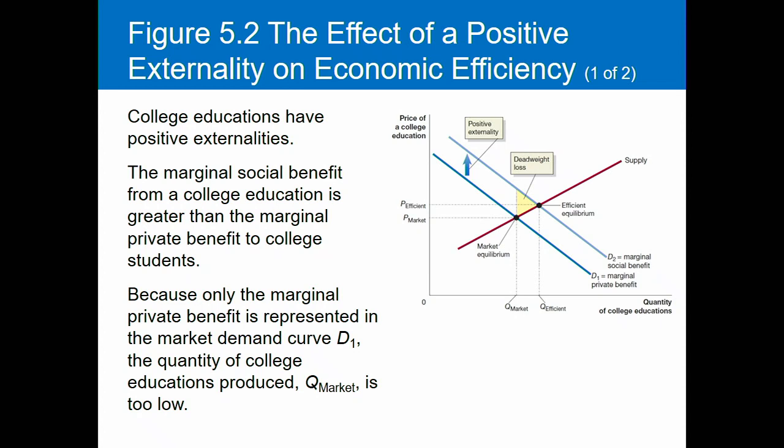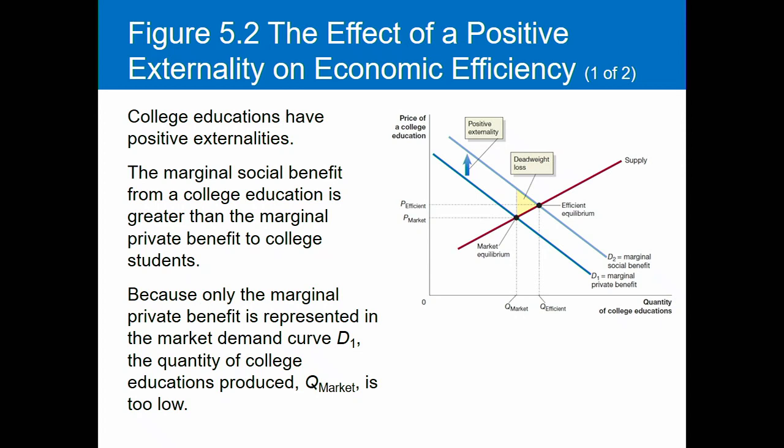However, on the market, because people going to college don't capture the full benefit of their degree, they decide to go to college based on their marginal private benefit curve, right here. So we end up with too low a price on the market and too few college degrees.